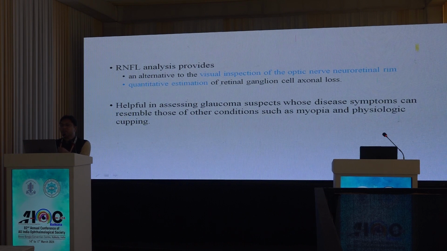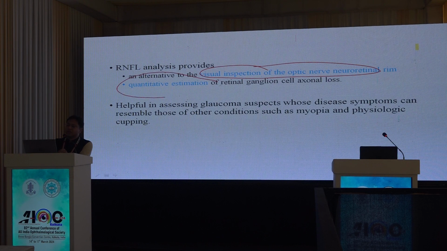best part is that it is not much dependent on the patient, it's the instruments, it's the gadgets. We observe that in perimetry, if the patient is having a lot of movements, eye problems, or is not cooperative, then it is difficult. But the advantage of RNFL analysis is the shorter time, and you can do it more objectively, because you can inspect what the optic nerve thickness is, and there is a quantitative estimation, a numerical measurement which can help you find out.